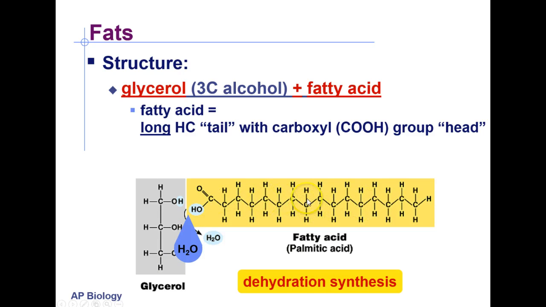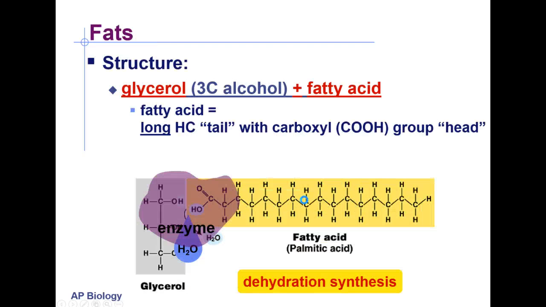Just like with the carbohydrates, to join our fatty acid chain with our glycerol, we've got to do a dehydration synthesis, meaning we have to take a hydrogen away from this molecule and an OH away from this fatty acid, and in doing so, then we will join these together. Remember, that's called a dehydration synthesis. Oh, got to have an enzyme to help that out.